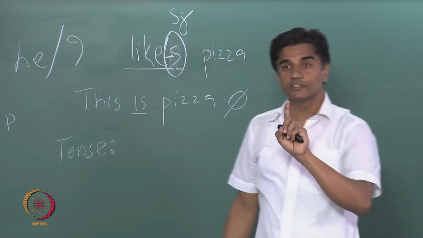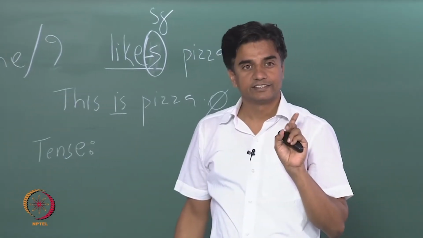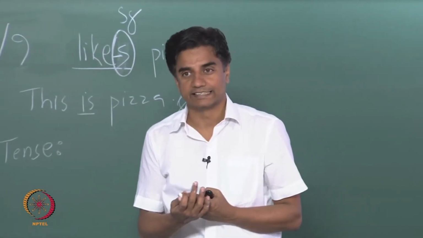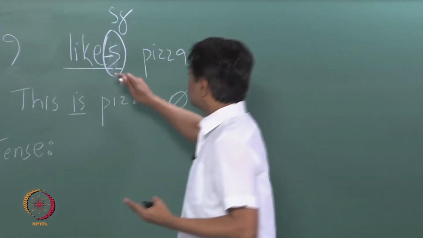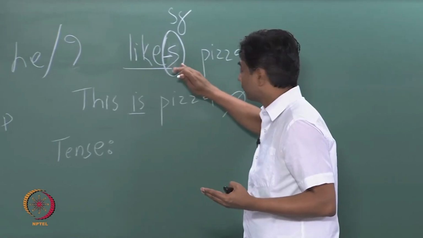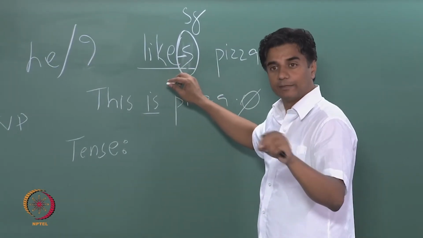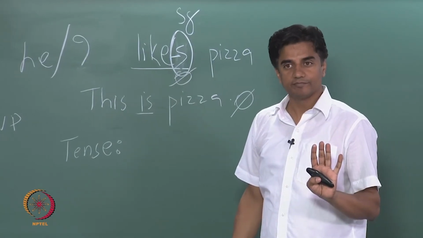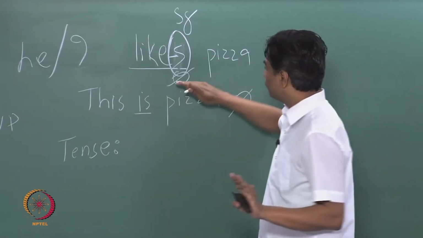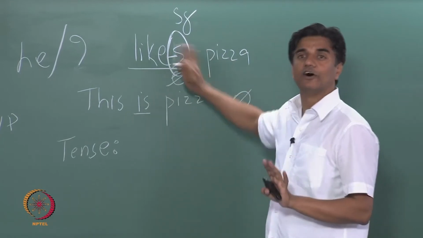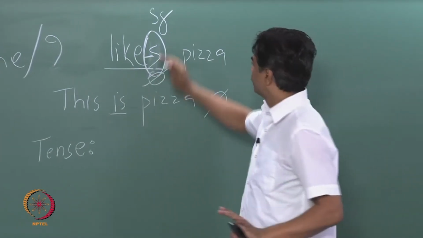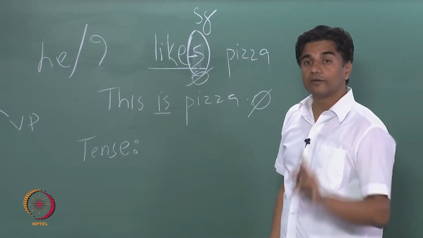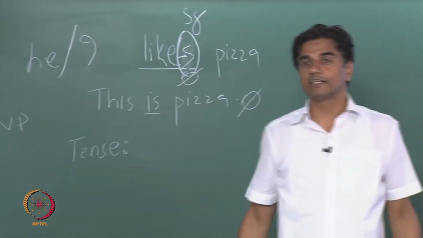It's not the marker of tense. Tense is present, but physically it is absent. There is no physical marker of present tense on this sentence. So this is an agreement marker, the tense marker is zero.